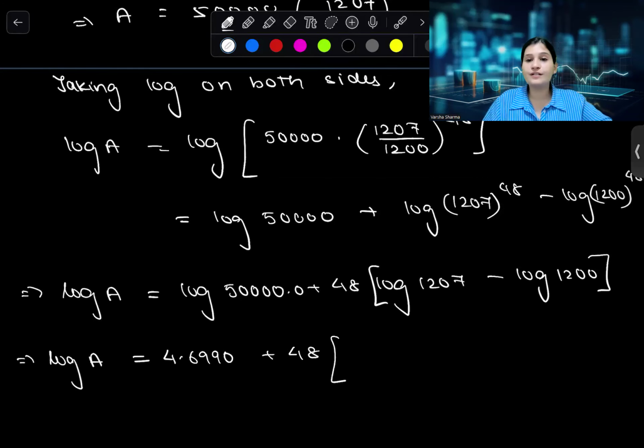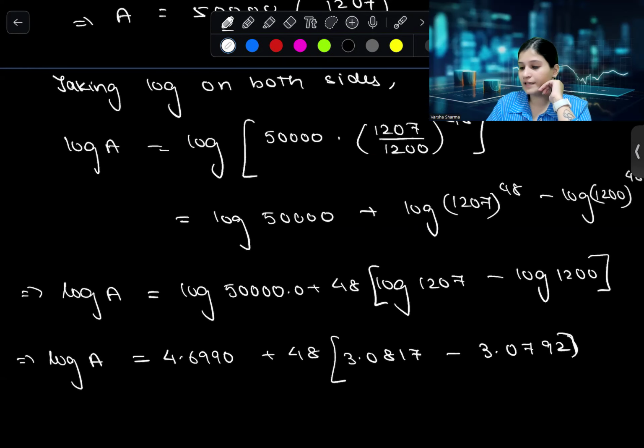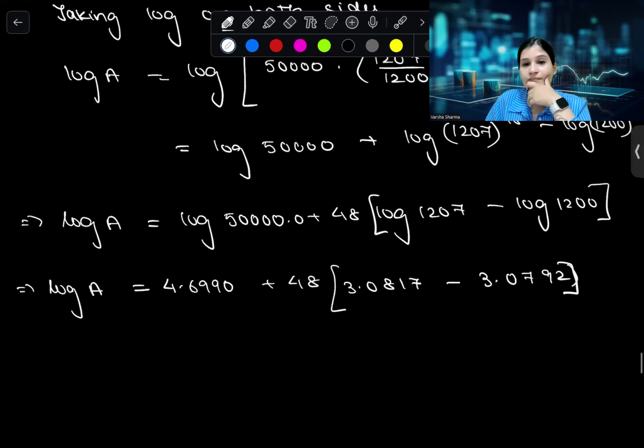Log 1207 is 3.0817. Log 1200 is 3.0792. Calculate.